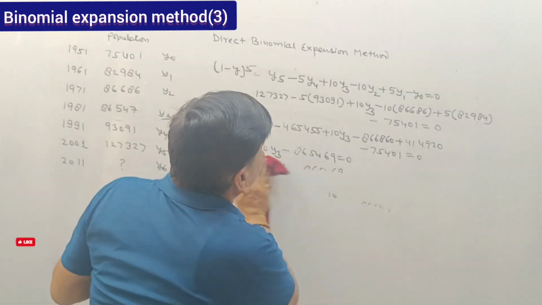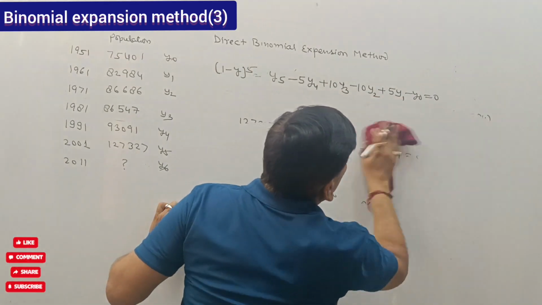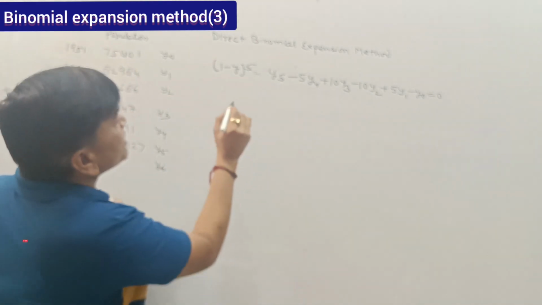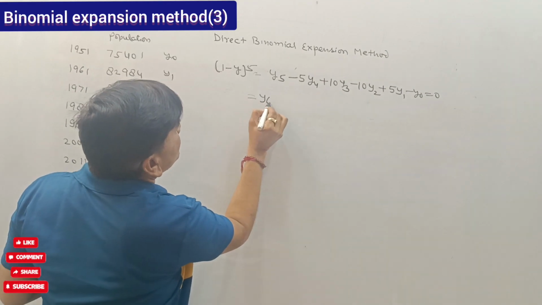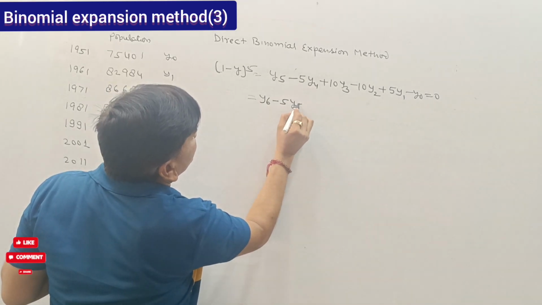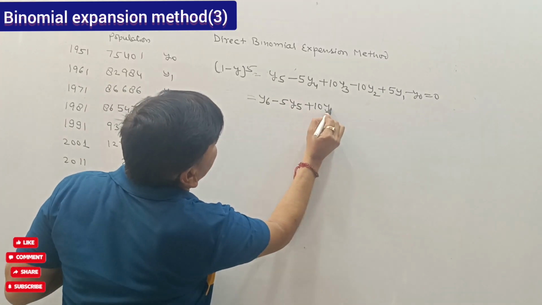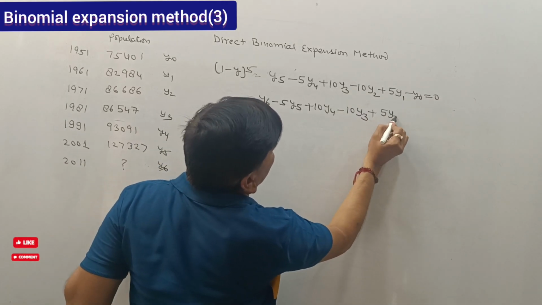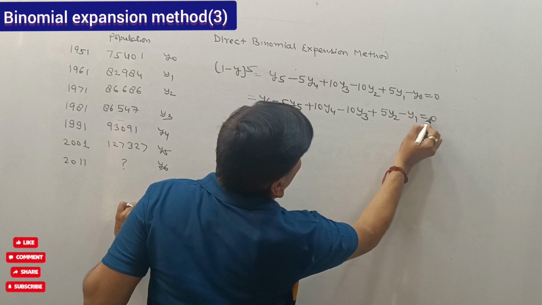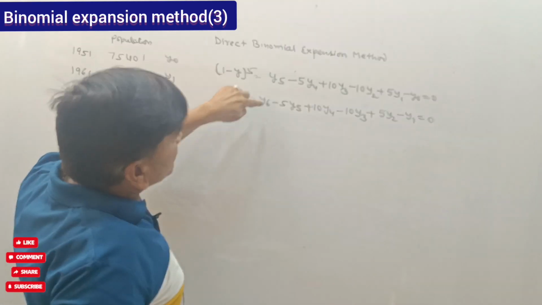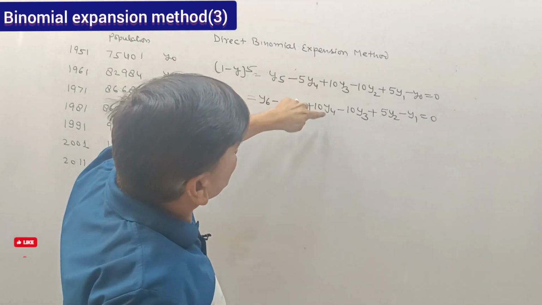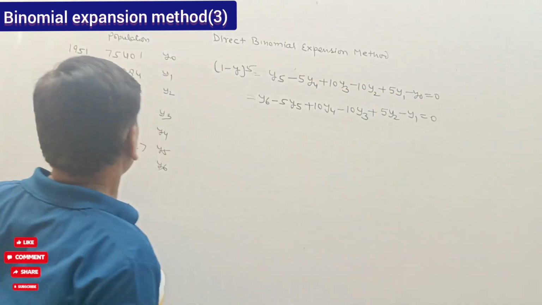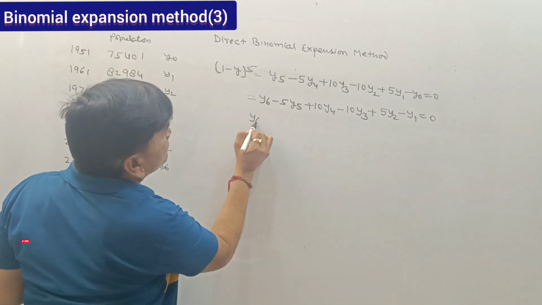Now for calculating another one, the very first we change the digits. The equation will be y6 minus 5y5 plus 10y4 minus 10y3 plus 5y2 minus y1 is equal to 0. We have changed y5 to y6, y4 to y5, y3 to y4, y2 to y3, y1 to y2 and y0 to y1. Now put the values. y6 we don't know.